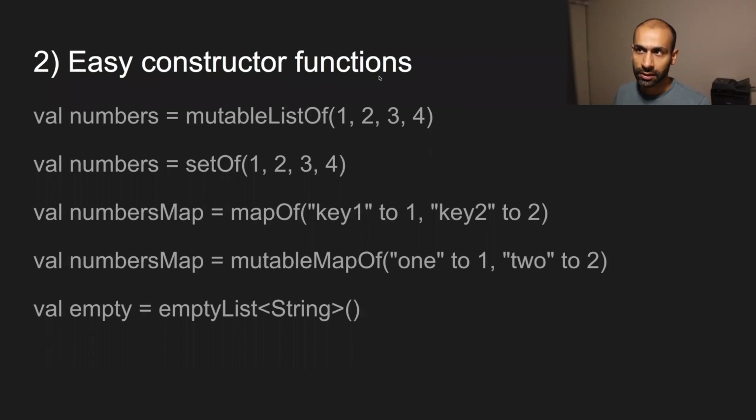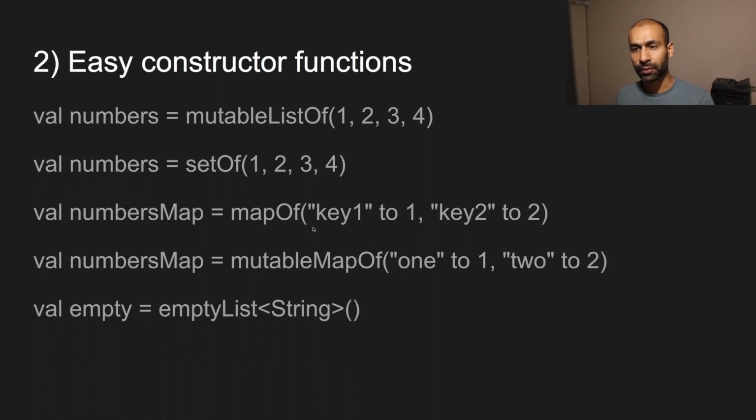The second feature which I liked about Kotlin collections is that it provides very nice constructor functions. We could easily create a mutable list of integers by calling mutableListOf and just passing in the integers. Similarly, we can create a read-only set very easily by passing just the numbers, and the same for map.